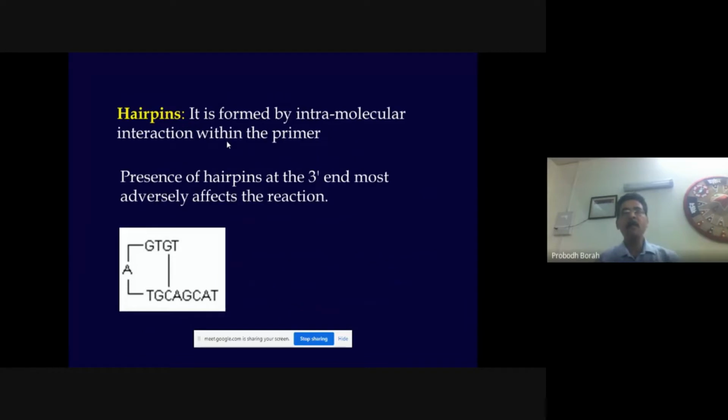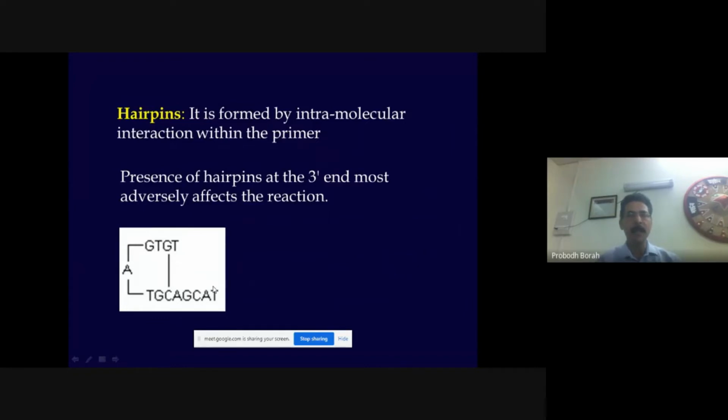One kind of intramolecular interaction is called hairpin formation. That means if some part of the sequence of one single primer is complementary to some other part in the same sequence, the sequence may get folded, because primers are single-stranded molecules.